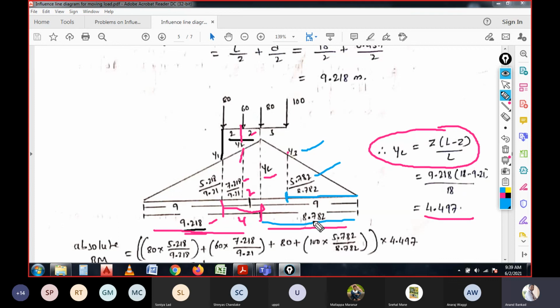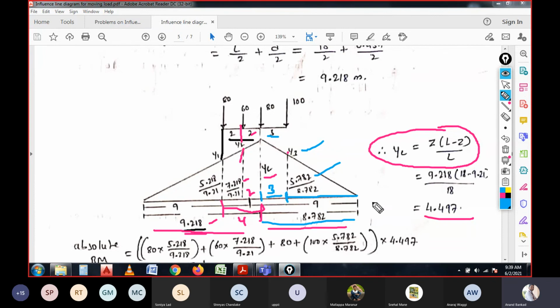That means 8.782 minus 3. 3 is because of this distance up to here. If you deduct this, then you will be able to get this section load. 3 is considered when it acts at a 3 meter distance on either side. So if you deduct 3, we will get 5.782 divided by 8.782, right? And this will be the coefficient value.